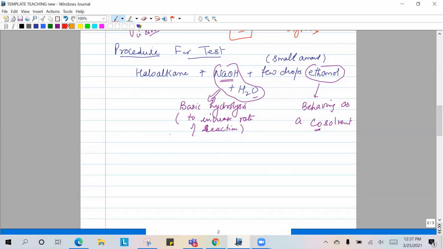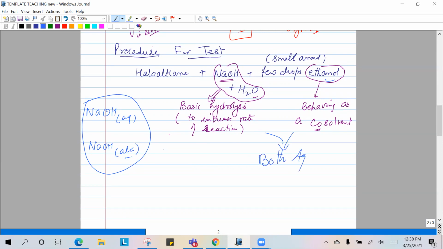So when you are doing this hydrolysis with NaOH and with ethanol, what you are doing is you are creating this condition, NaOH aqueous and NaOH alcoholic, both of them by adding alcohol. So in this combination, both the silver nitrate and the haloalkane will dissolve.